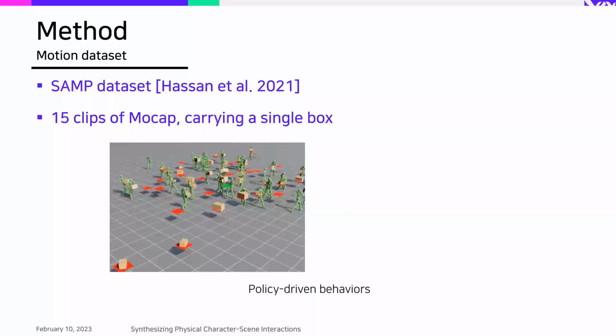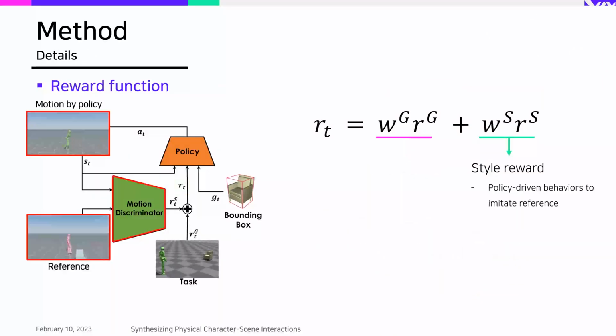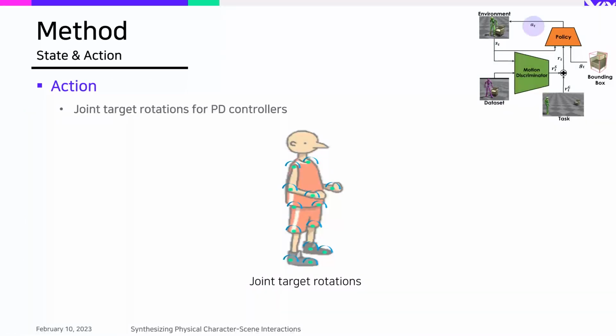So I'm wondering where the physics part comes into play in this method. The policy gives the action, and this action is defined as the joint target rotations for PD controllers. Here they use PD controllers. Okay, yeah, I missed this PD controller part. Okay.